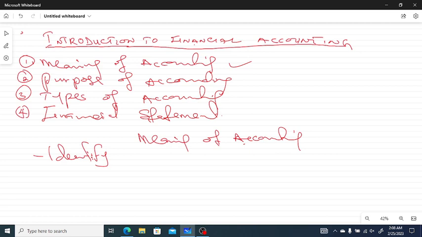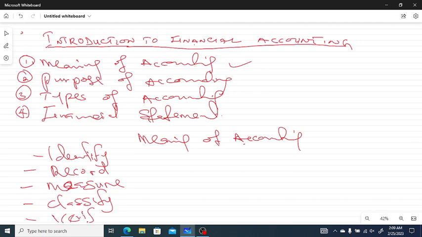Once you identify the transaction, what do we do? We now go ahead and record the transaction. Now measure that transaction, and we classify the transaction. After classifying the transaction, we verify it again.